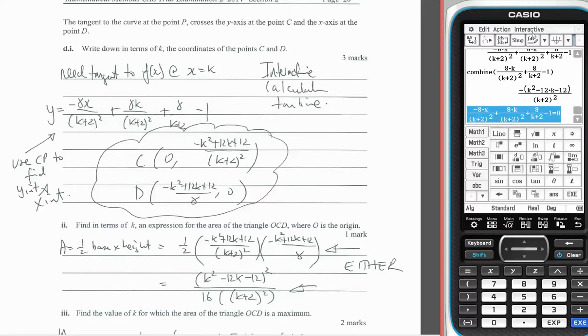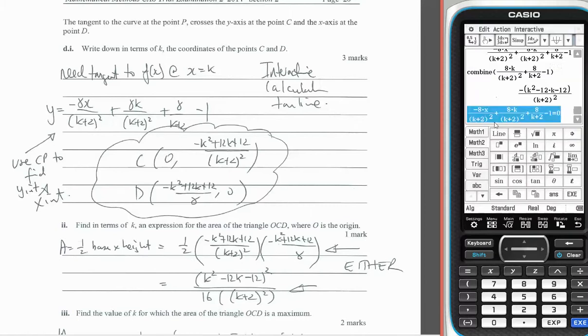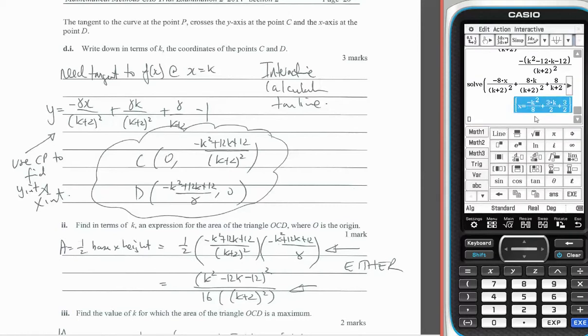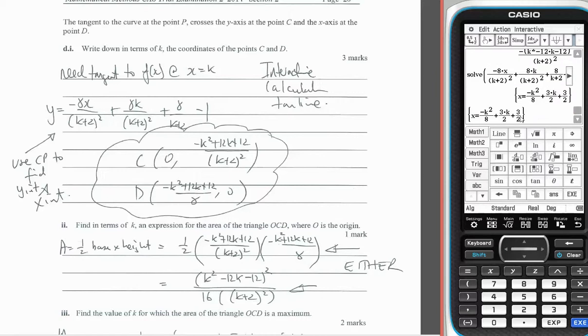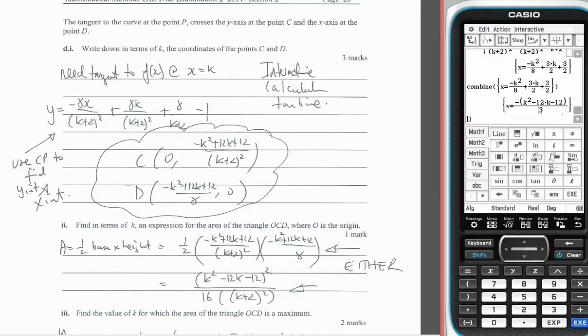So I take that and solve it for x. That gives me that expression, and if I combine that, there is the x-coordinate.